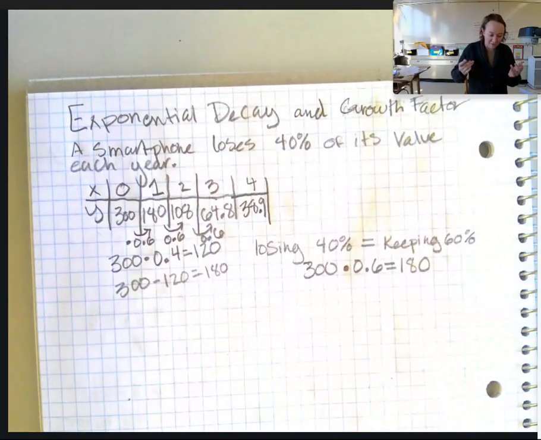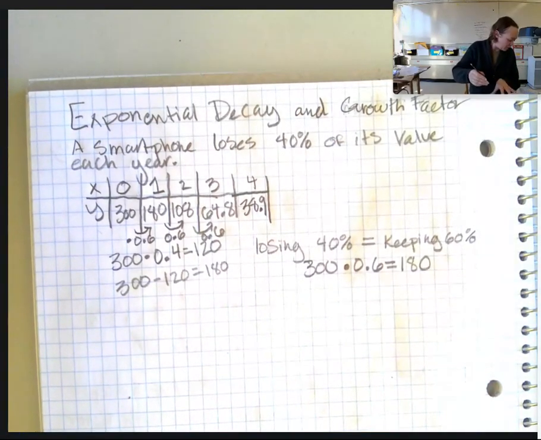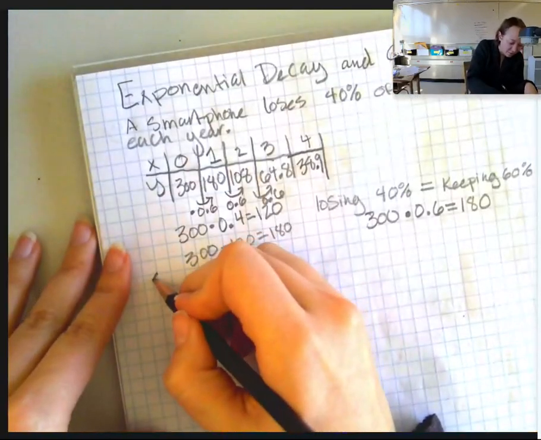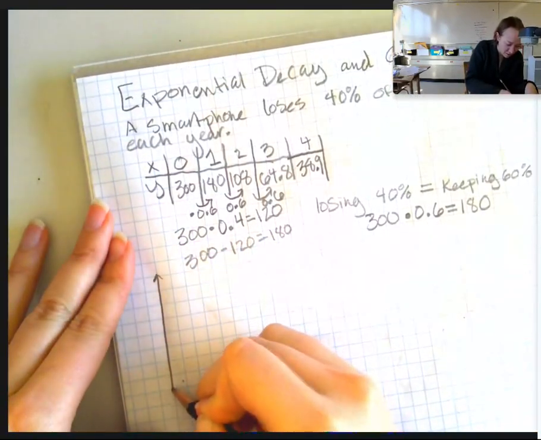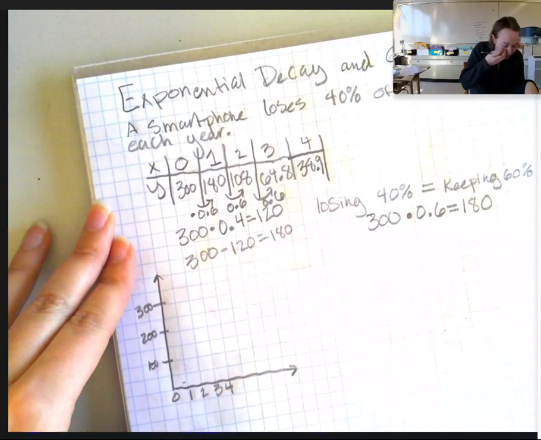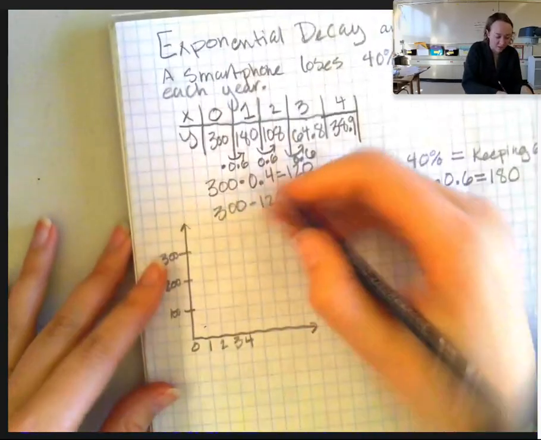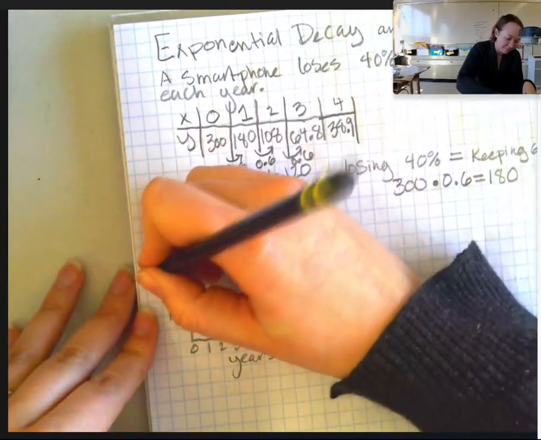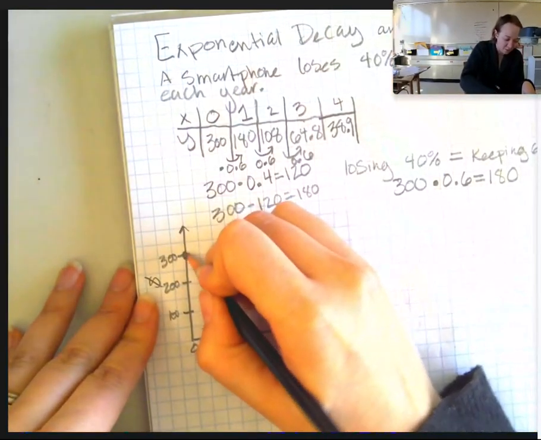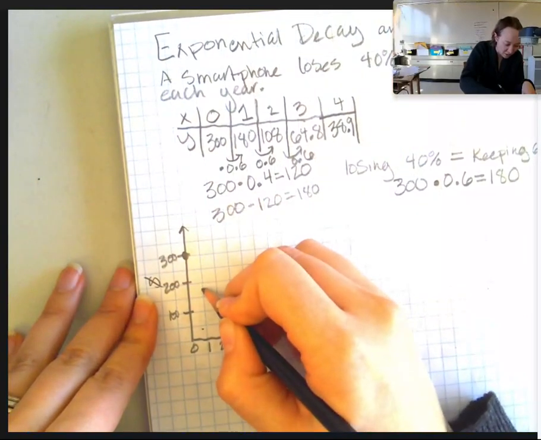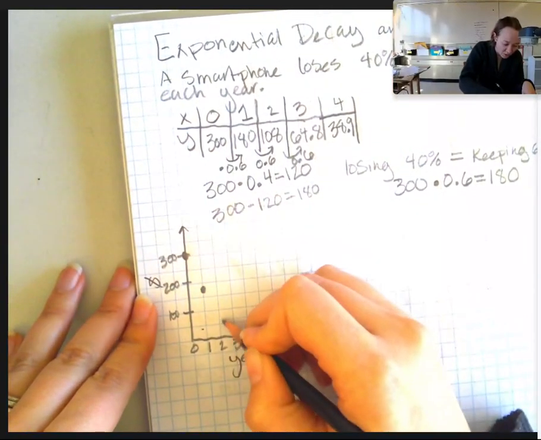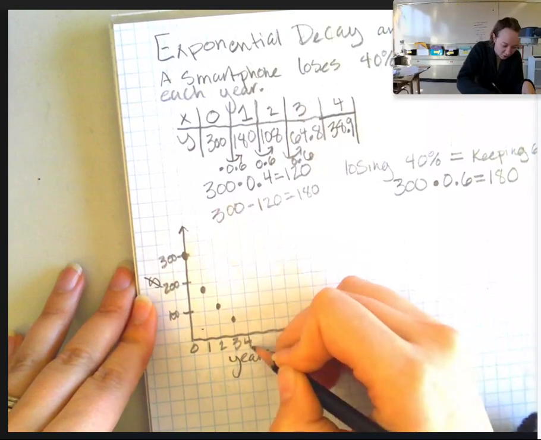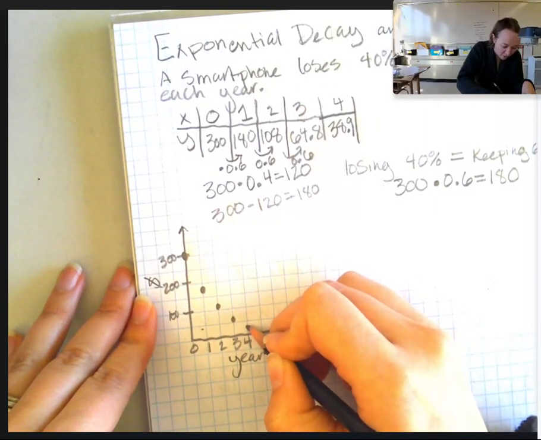And if we were to graph this, we don't need to make a fancy graph, but hopefully we can kind of picture what's going to happen here. So if we have years and money, we start 0 is at 300, 1 is at 180, 2 is at 108, 3 is at 64, 4 is at 38.